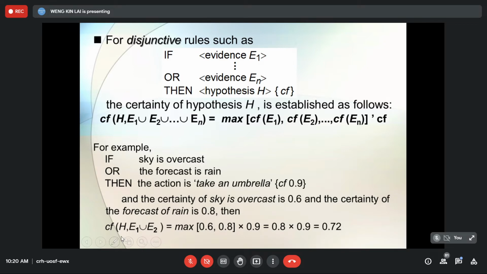When you calculate the final certainty of your hypothesis H based on the condition that E1 or E2 is true, notice that E1 and E2 are no longer 1; they are some other value less than or equal to 1. The first one is 0.6, the second one is 0.8, so the largest of the two is 0.8. Then you multiply against your hypothesis, which is 0.9, so you get 0.72. It's still quite high, but it's not the same as before, when it was not based on any conditions.